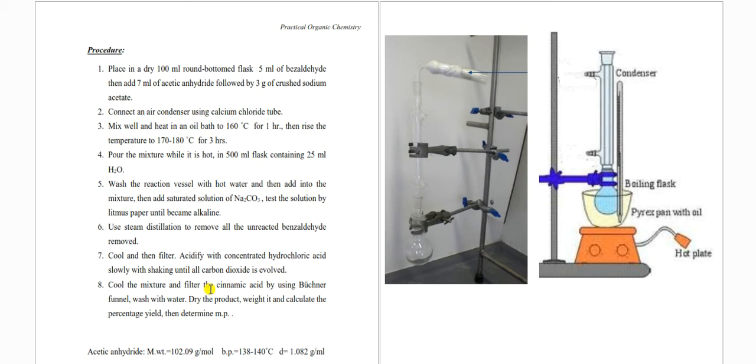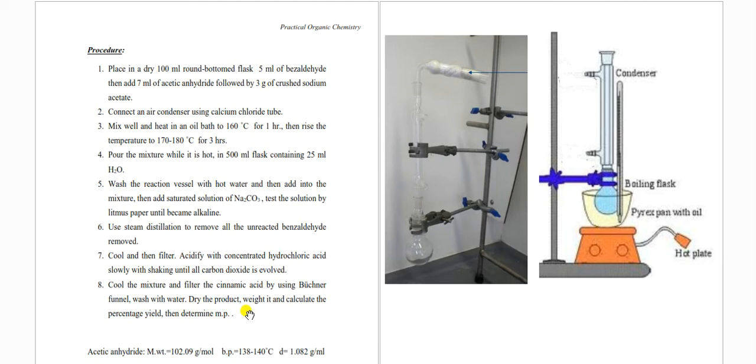Wash this product with water to remove any traces of base or any salts or any other material like acetic acid. Then after drying the product, weigh it and calculate the percentage of yield.